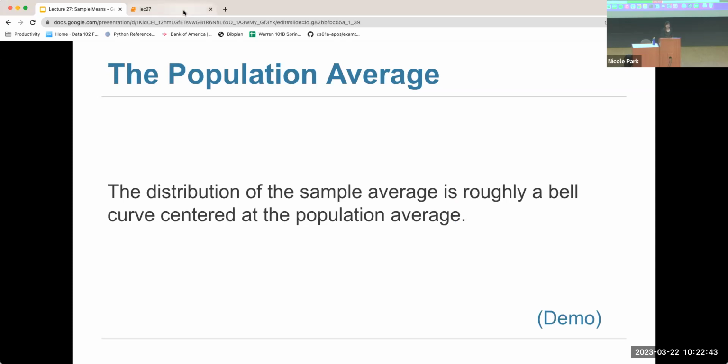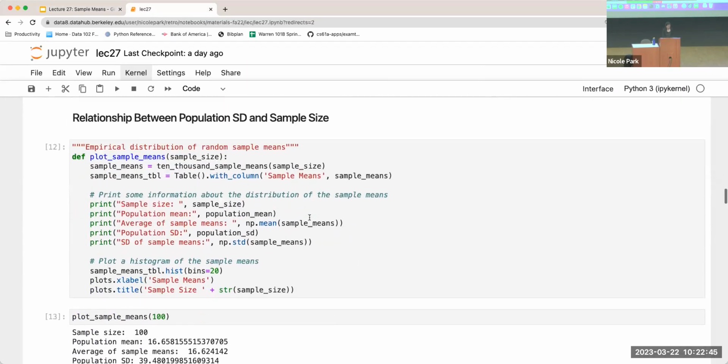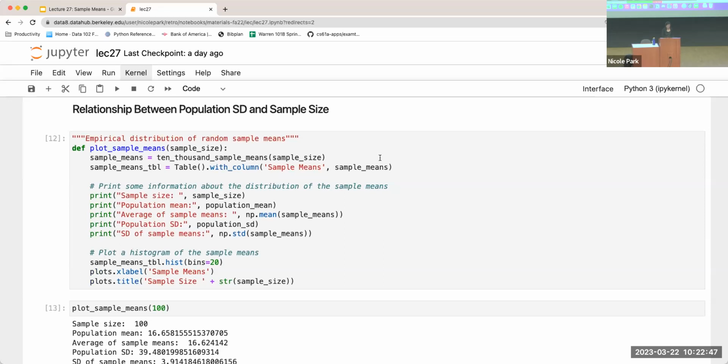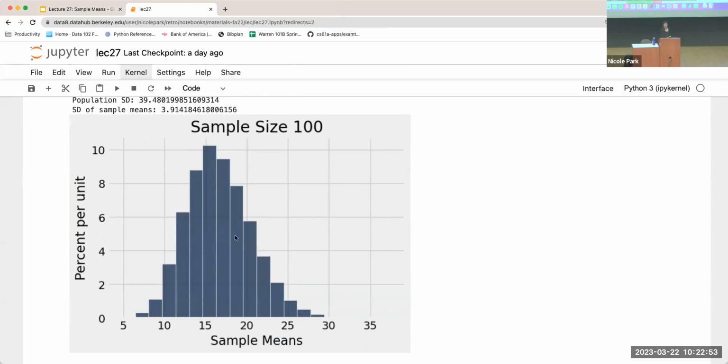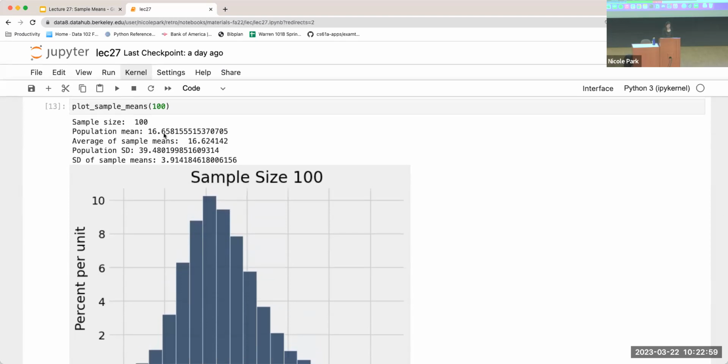So let's go back to the demo, on the relationship between the population standard deviation and sample size. You'll see here, when I have a sample size of 100, I get a relatively normal looking curve, but it is still slightly skewed. The population mean is 16.66, like we stated at the beginning of the demo, and the average of the sample means is 16.62.